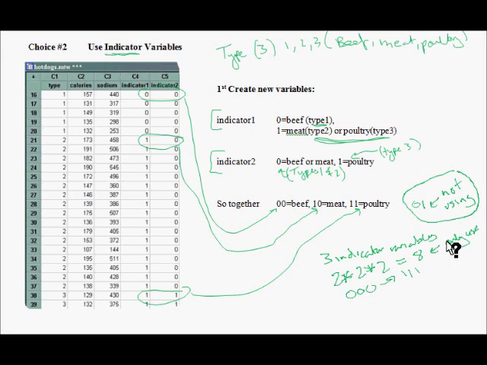So if I had a category that had 4 through 7 groupings, I could use 3 indicator variables for that. So that's how it works with indicator variables. Here we only have 3 groupings, beef, meat, and poultry, so I can use 2 indicator variables, because with 2 indicator variables, I can show up to 3 categories. Okay, so let's go ahead and create the indicator variables like I have in this printout here.